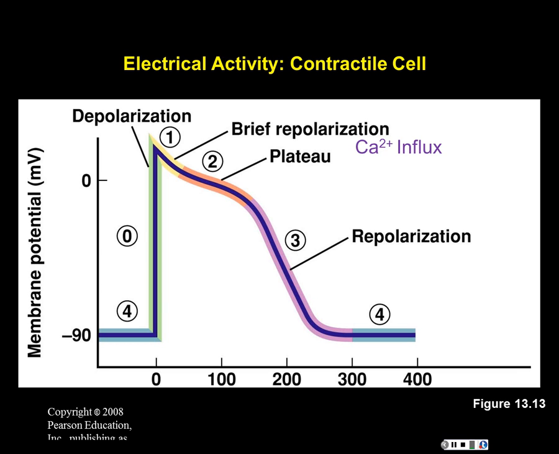So make sure the heart muscle contracts and goes into systole, then make sure it goes into diastole. That plateau phase ensures that after contraction the muscle is going to relax. Without it, we could sustain contractions like our skeletal muscles or smooth muscles, which we do not want to happen in the heart.